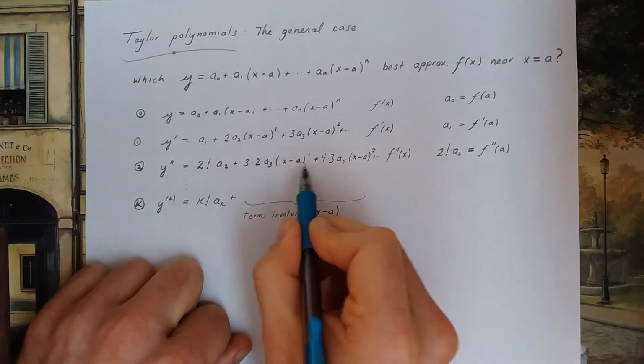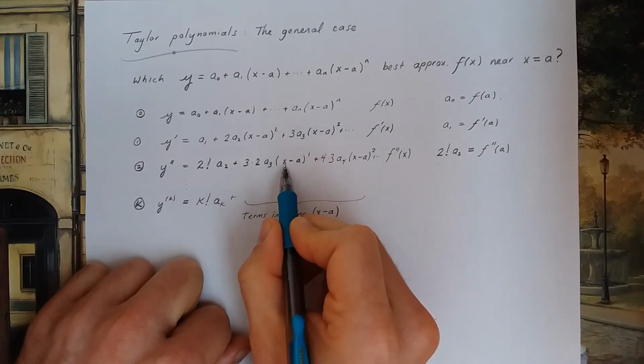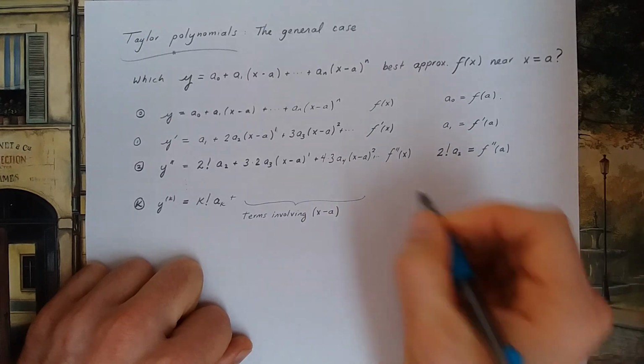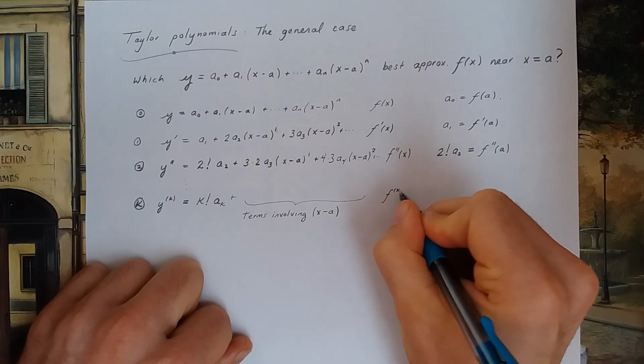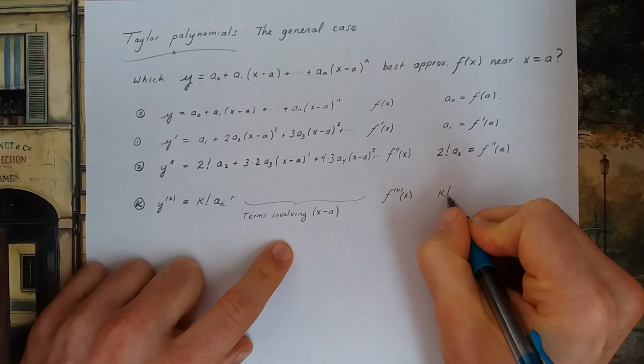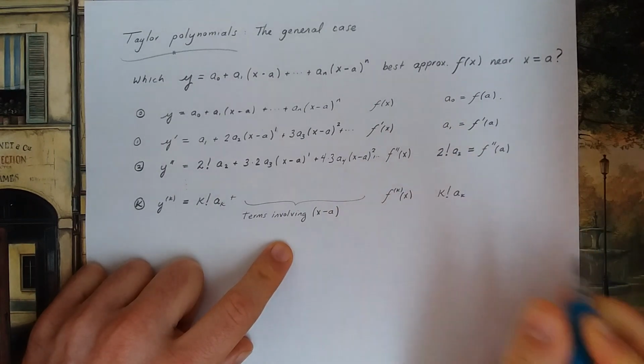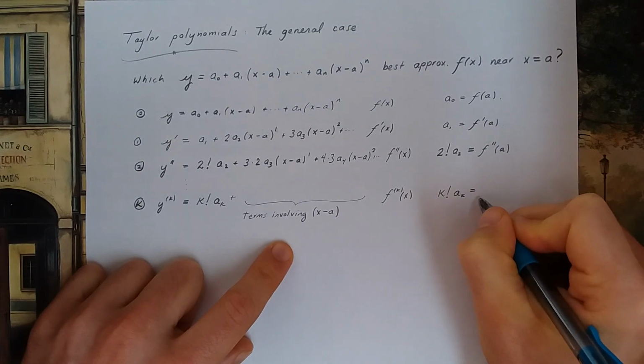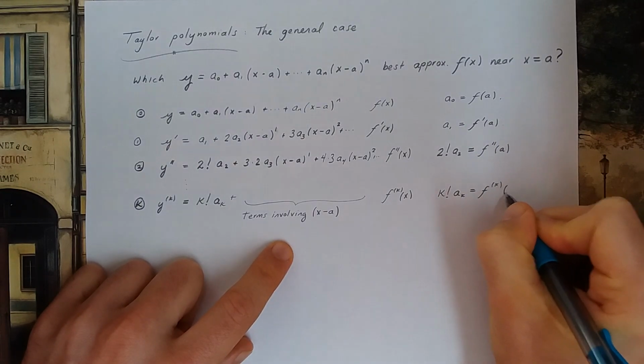Meaning, when I plug in a for x, these terms go away. I have the kth derivative of my function. These two have to match, so that tells me k factorial ak is the kth derivative evaluated at a.